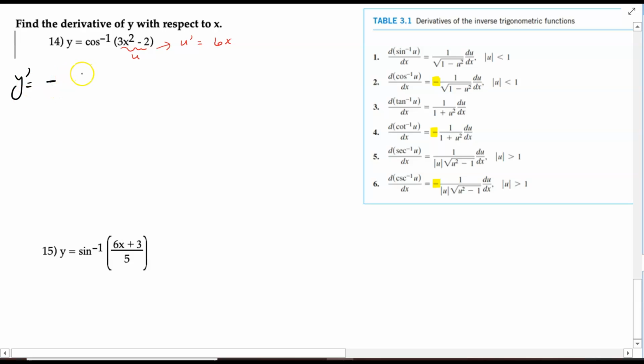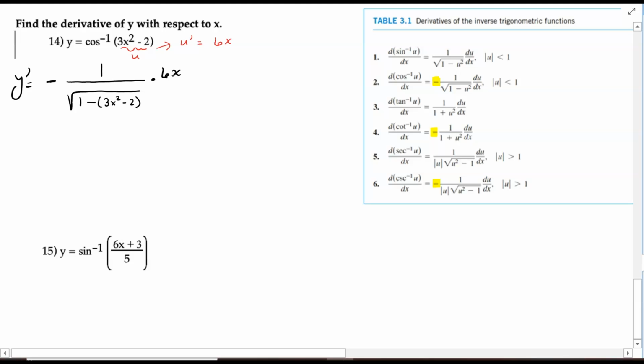And then you have 1 over the square root of 1 minus u. So in this case, u is 3x squared minus 2, okay? And then du dx, which is our u prime, which is times 6x. So that's why we found it already earlier.